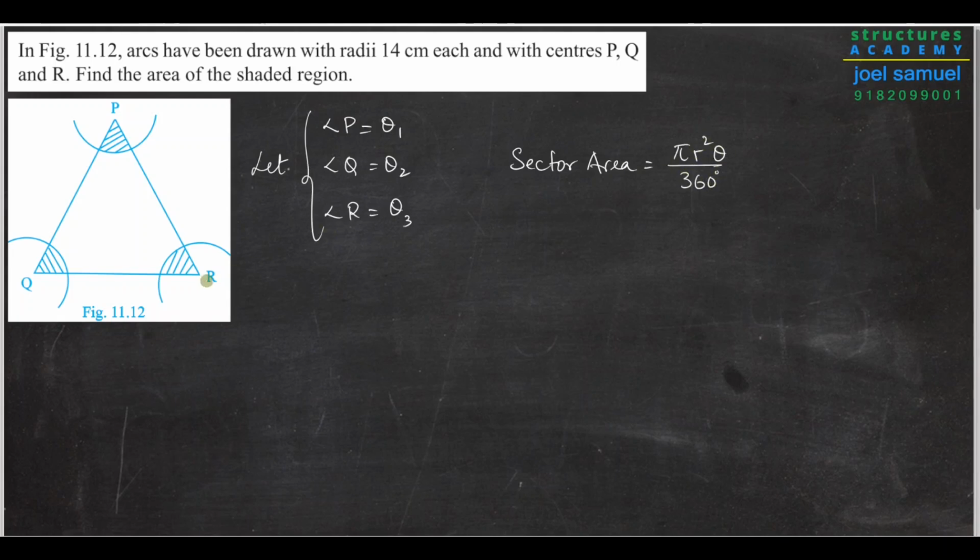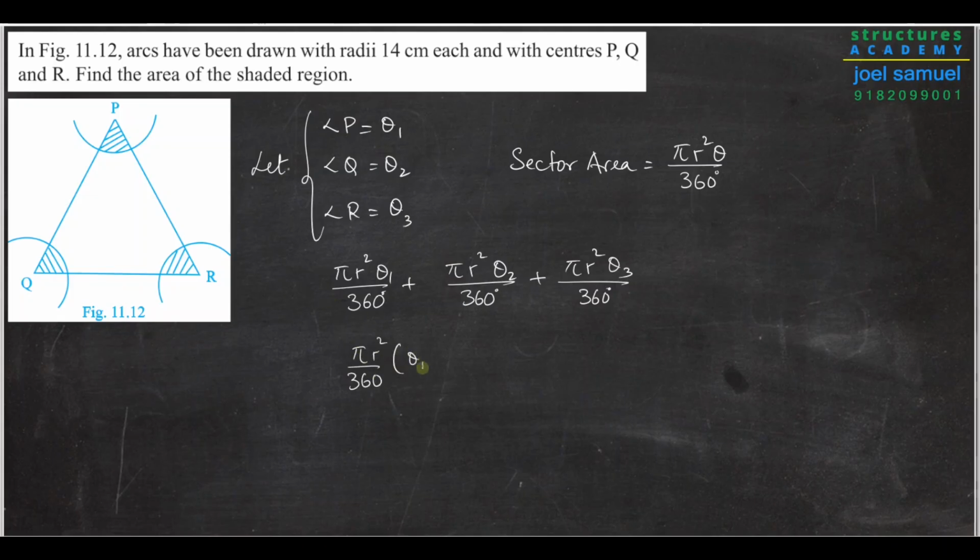So the sum of the areas of these three sectors at the three vertices would be pi r square theta 1 by 360 plus pi r square theta 2 by 360 plus pi r square theta 3 by 360. Now we can take pi r square by 360 common, which leaves us with theta 1 plus theta 2 plus theta 3. This becomes the shaded area.